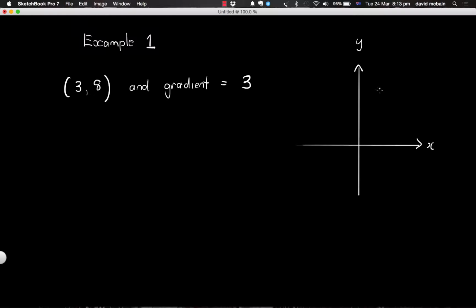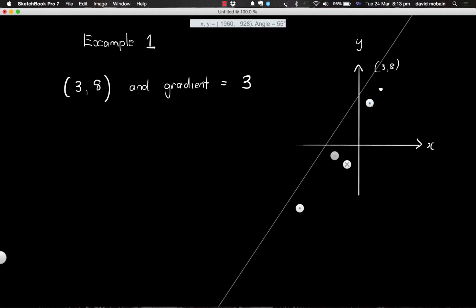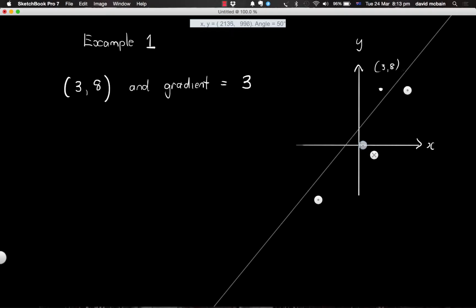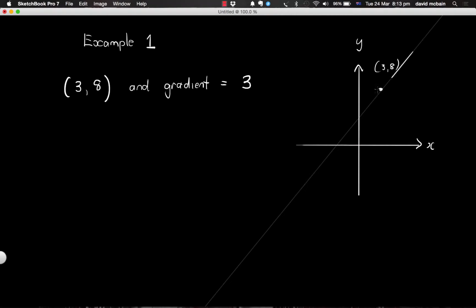It's going to be up there somewhere. There's the point (3, 8). And it's got a gradient of 3. Well, it's a positive gradient, so it's going to be an uphill gradient. It's going to be doing something like that. We don't have to be accurate here. We just get an idea of what the line's actually doing. So there you go. Just something that could be a possible example.